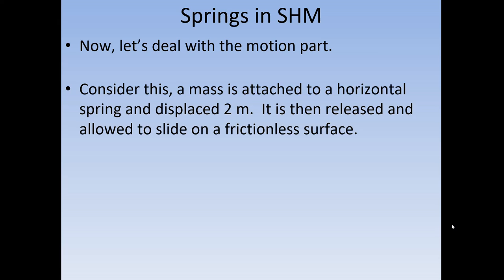So what we want to do is consider this case where we have a spring on a horizontal table attached to a mass, and the mass is allowed to move left and right. And just for simplicity, we're going to say that the surface that it's sliding on is frictionless. Now, this is a pretty common setup because, for the most part, it makes life easy since there's going to be only one force acting on it, the spring force.